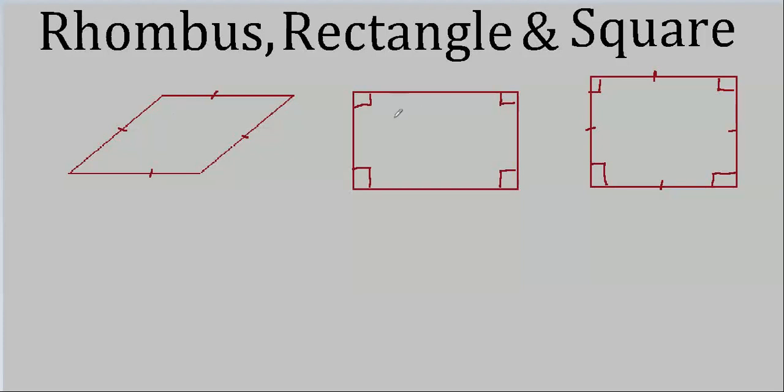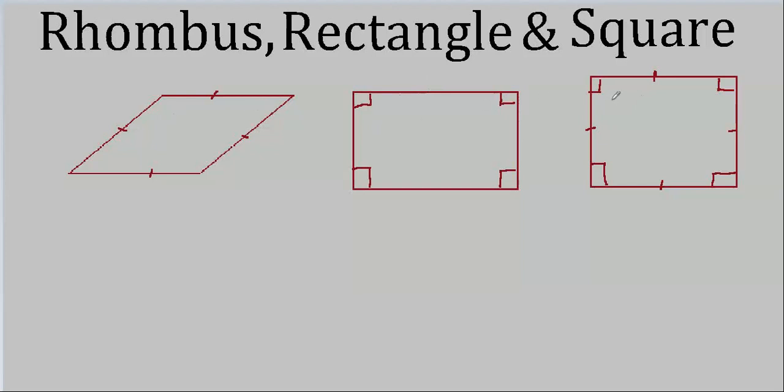Rectangle works the same way. If you find a quadrilateral with 4 right angles, then it has to be at least a rectangle. Remember, a square qualifies as a rectangle. It's got 4 right angles. It qualifies as a rhombus.